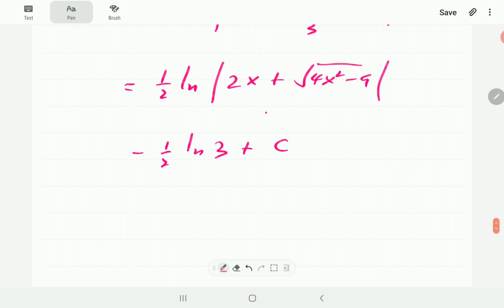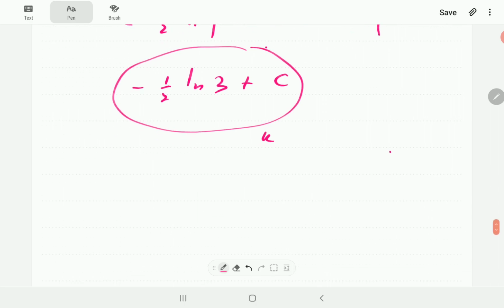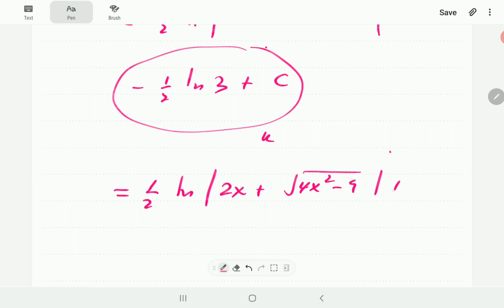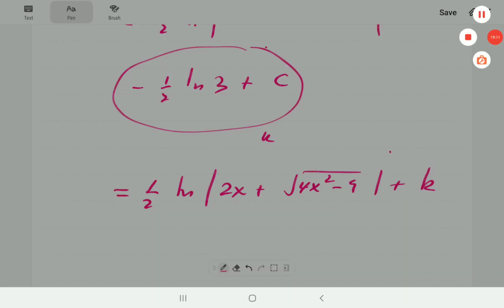However, 1/2 ln 3 is a constant, so if we make this whole thing into k, then we can write this as simply 1/2 ln of 2x plus square root of 4x squared minus 9, plus some other constant k, and that is going to be our final expression.